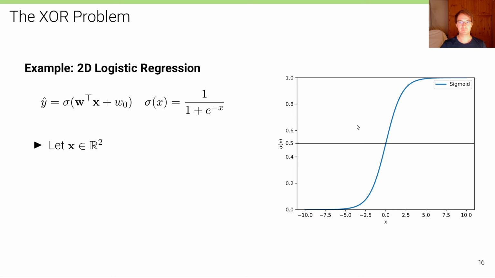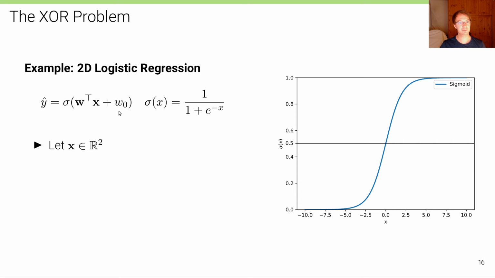Here again we have the sigmoid function, which crosses the value 0.5 at 0. So let's assume now we are in the 2D domain. So we have a 2D logistic regression problem where we have 3 parameters, one for the first and one for the second dimension of W, and then the bias W0.